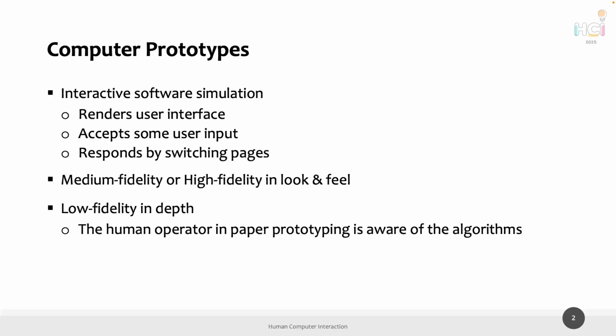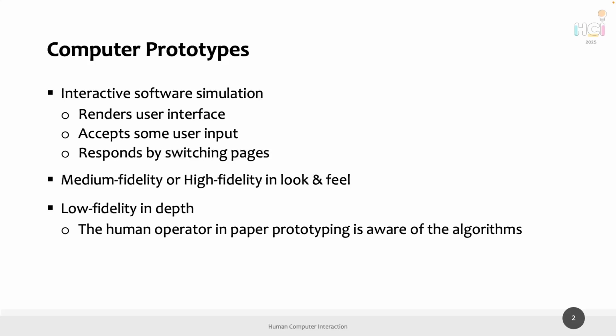If I click on a button, I'm redirected to a new page, for example, or maybe there is a pop-up that automatically appears on the screen. You start rendering the user interface, although with some limits that we will see in a minute. You can accept some input, not all the input, but some.